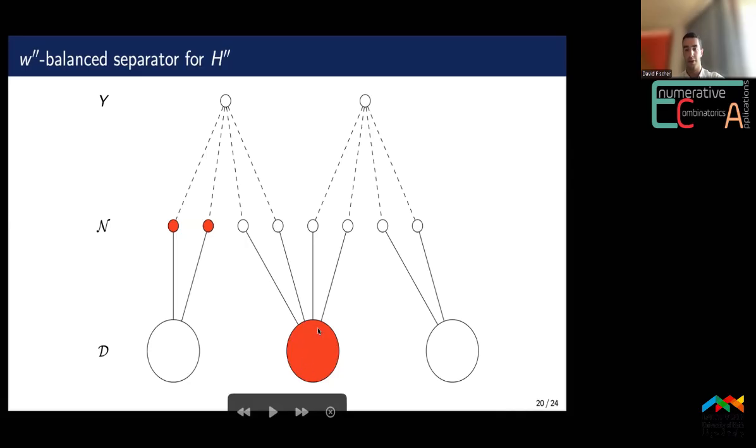So if we switch from including this in our separator to including these guys in our separator, we gain at most a constant factor. So we multiply the size of our separator by a bit, but now we know that the balanced separator consists entirely of individual vertices of H and not entire components of H.